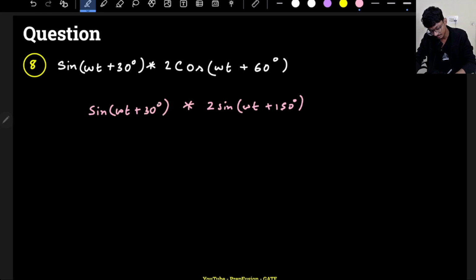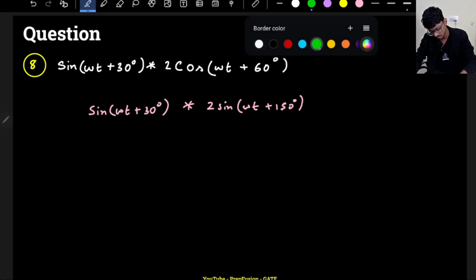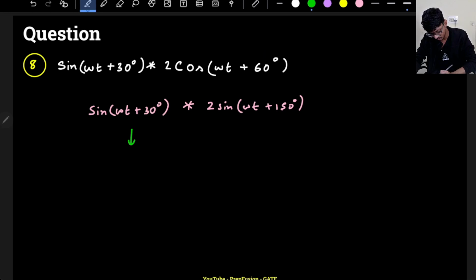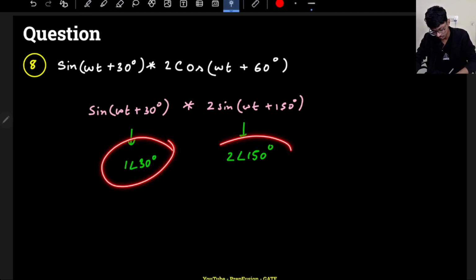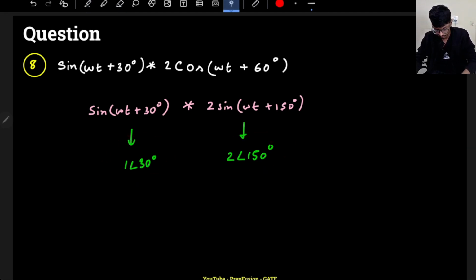Okay, and if you want to convert this back into phasor, this will be 1 angle 30, and this will be 2 angle 150. Okay, this will be 1 angle 30, this will be 2 angle 150.